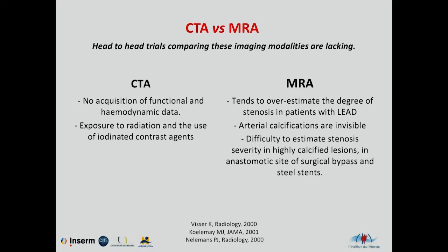We know also that arterial calcifications are invisible, and you said that we have some difficulty estimating stenosis in case of highly calcified lesions, in case of anastomotic sites for bypass, but also after stent implantation, we are not able to assess instant restenosis, for example.